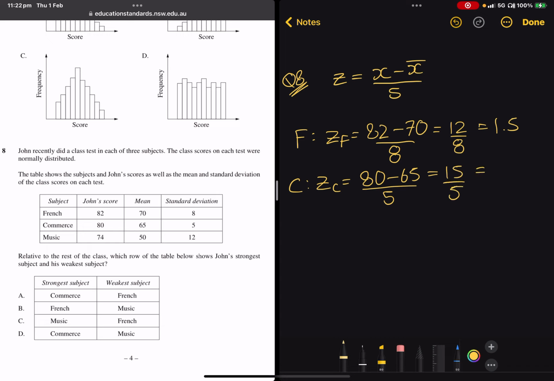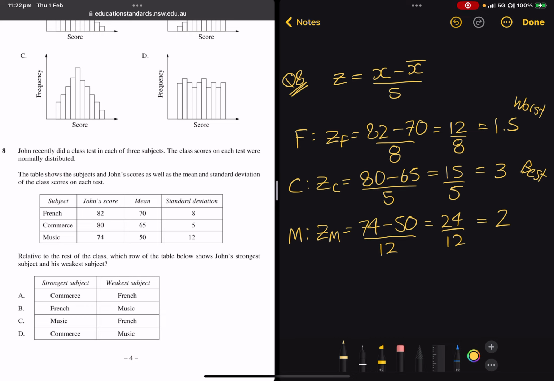That is equal to 3. And then for Music, his z-score for Music is equal to his score, 74, minus the class average, 50, divided by the standard deviation. This is 24 over 12. This is 2. So Commerce is his best, and French is his worst.